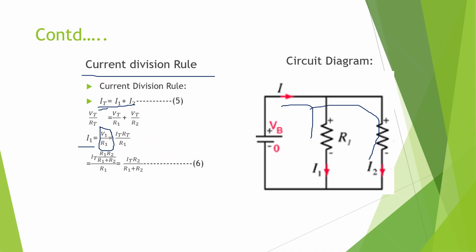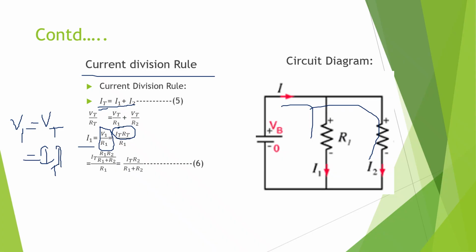Okay, so you keep R1 as such. V1, the voltage is the same, so we are writing V1 is equal to Vt. What is the total voltage? We can write Vt is equal to It RT.